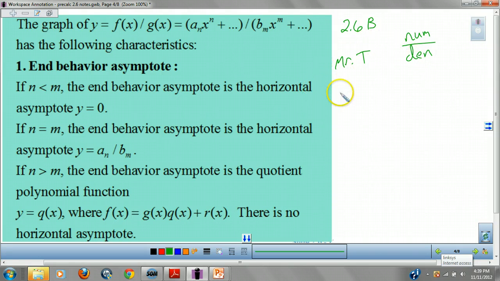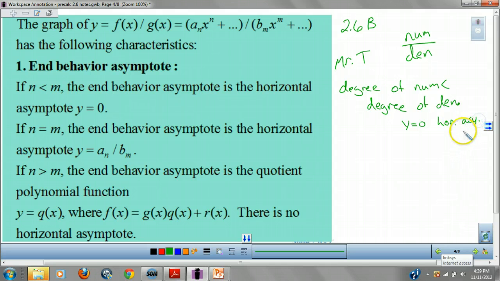So, if you're looking for your horizontal asymptote, if your degree of your numerator is less than the degree of denominator, so if the top's degree is smaller than the bottom, your horizontal asymptote is y equals 0. Okay?